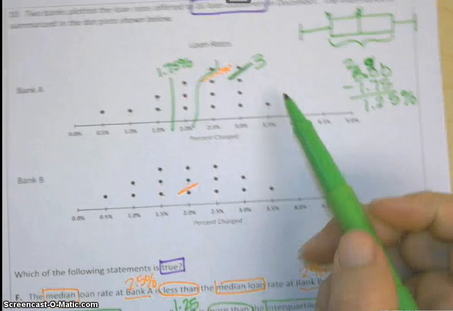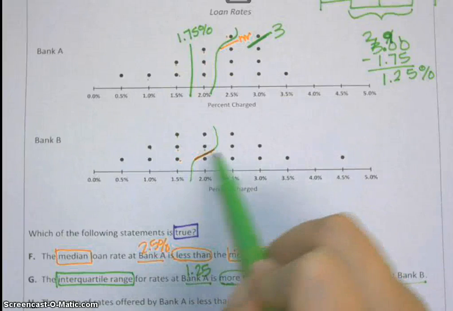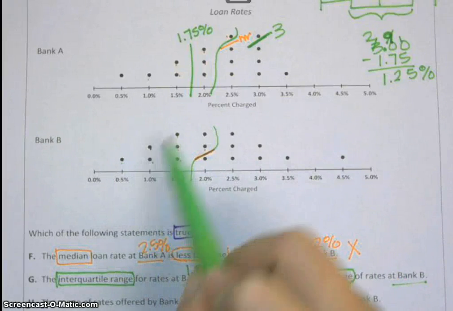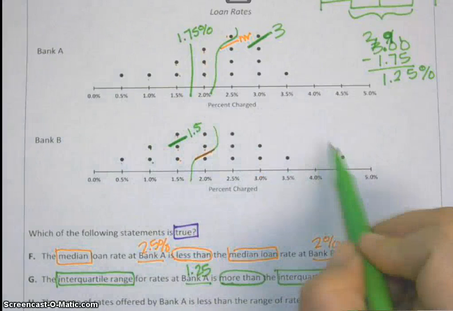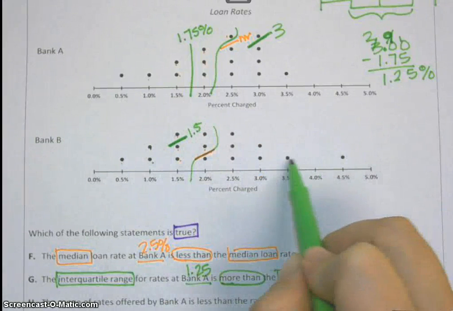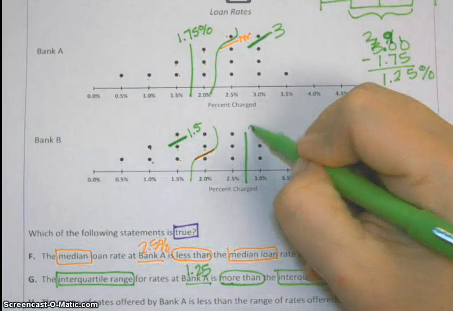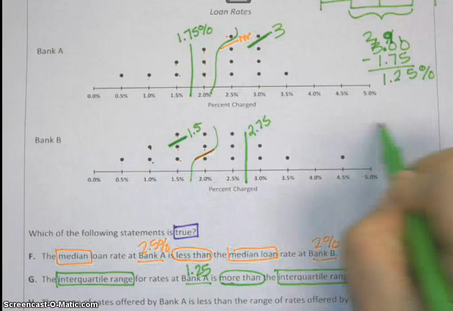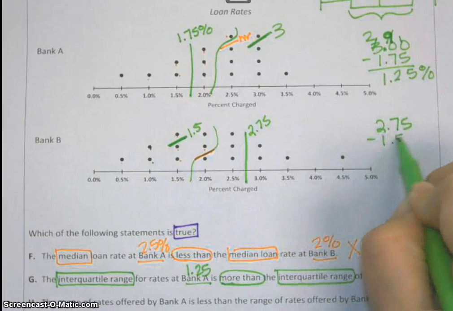So just a reminder, I knew my middle, then I found my bottom fourth. All right, let's look at bank B. So it's all this over here. 1, 2, 3, 4. So it's 1.5. Then on this side, I'm going to start from the outside. It's easier to count. 1, 2, 3, 4. It's actually right here, which is 2.75. So 2.75 minus 1 and 5/10.